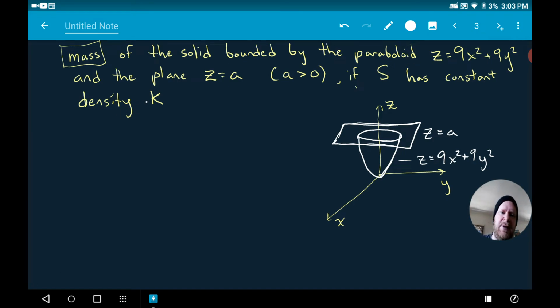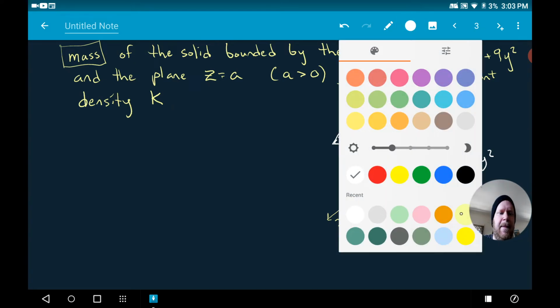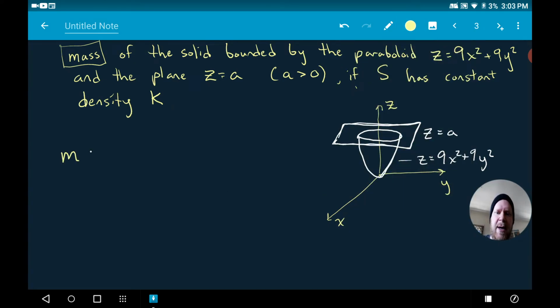Density is just a constant k, so we can apply that to our mass formula. So mass is going to be this triple integral over the solid S times the density, and then we'll use cylindrical coordinates here, but I'll just call it dV for now.